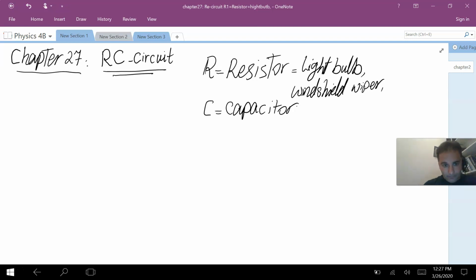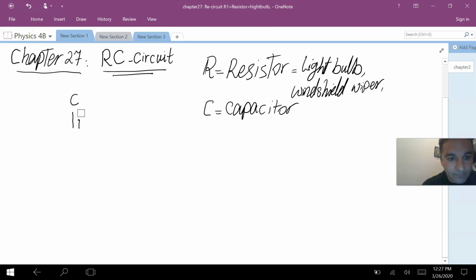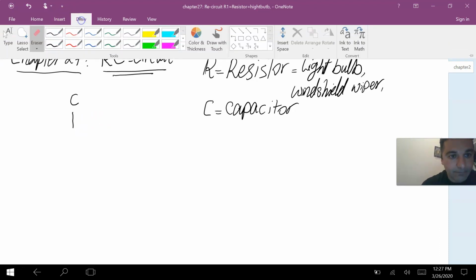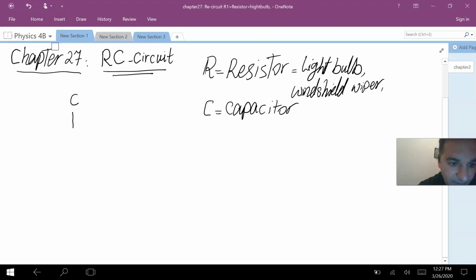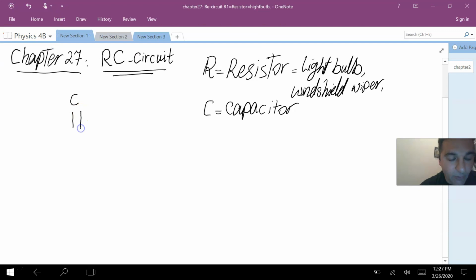Now, therefore, if I say this is a capacitor, so it is C, okay? Then, let's say this is a capacitor, okay?